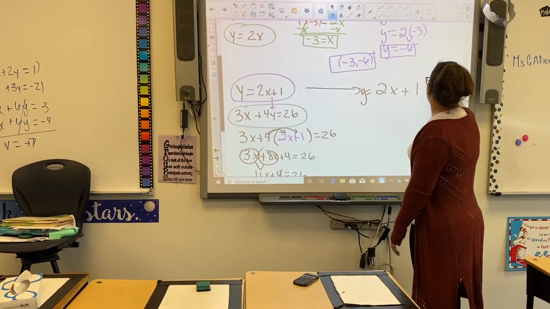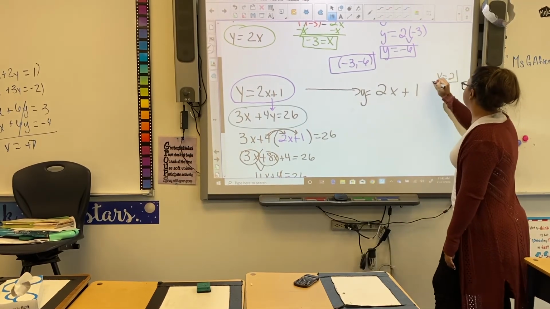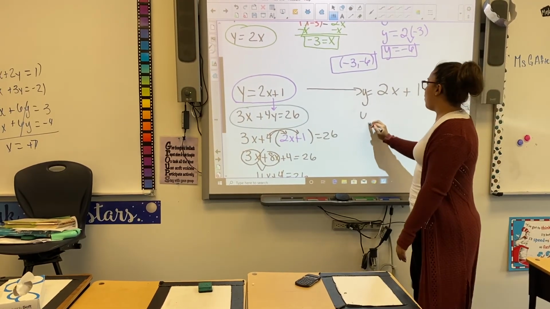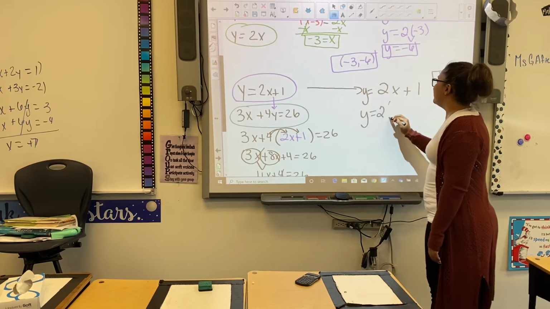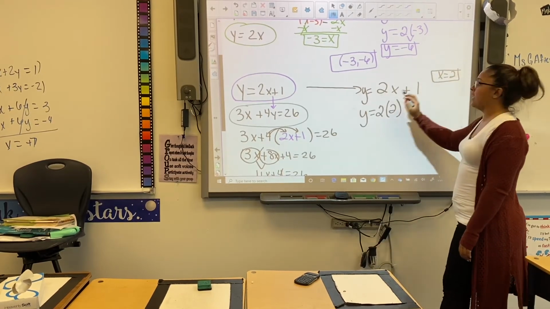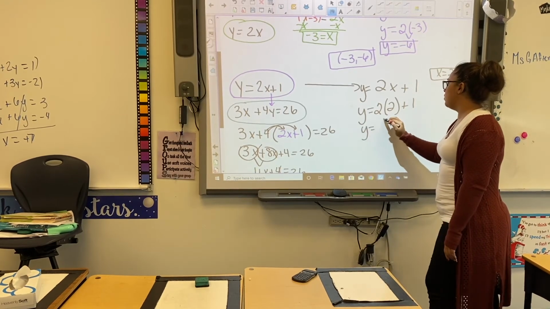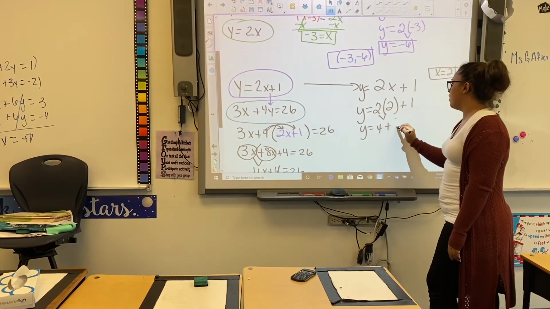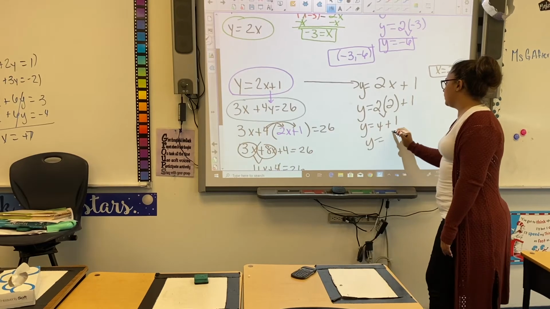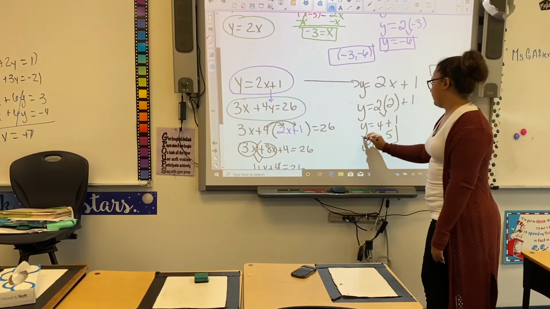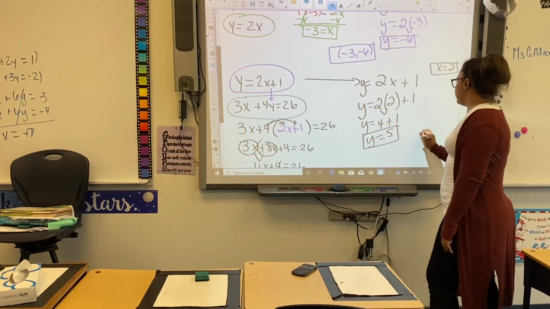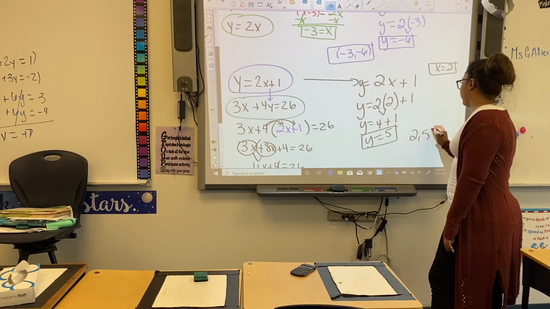So over here, I'm going to rewrite it to remind me x equals 2. So I'm going to say y equals 2 times 2 because x equals 2, plus 1. Y equals 4 plus 1. Y equals 5. So I have my coordinates 2, 5.